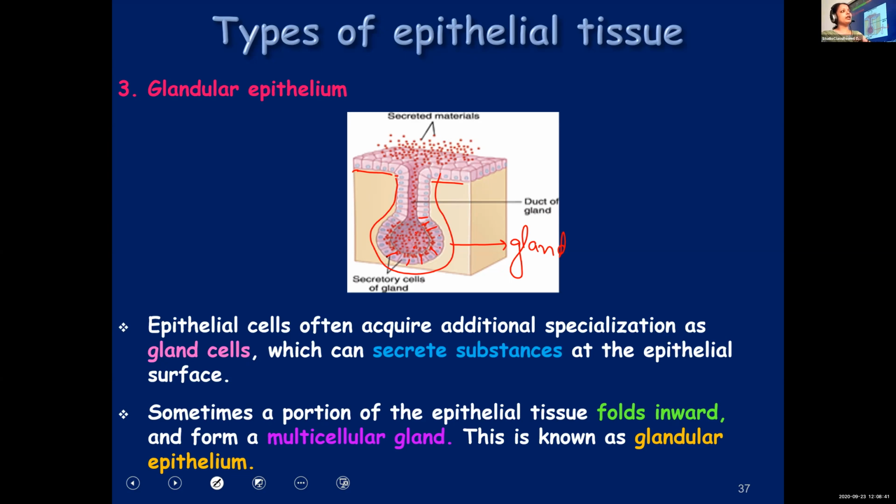A few of the epithelial cells fold inward and form a multicellular gland, meaning made up of many cells, which produces certain substances. If the epithelium has gland cells, you call it glandular epithelium.